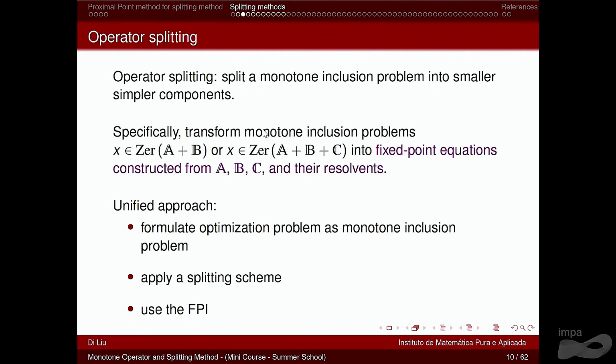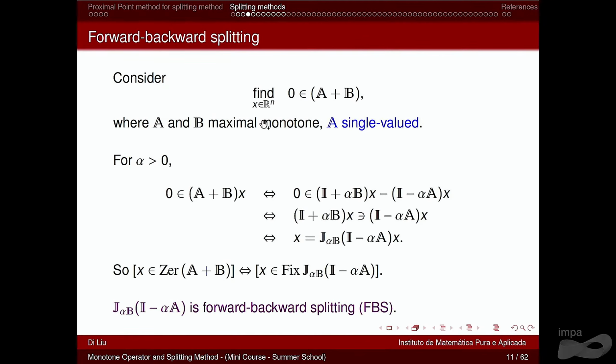We have three ways to design or construct this kind of splitting. First, we formulate the optimization problem, or whatever problem you are interested in, as a monotone inclusion problem. Then we apply a splitting scheme, then we use the fixed point iteration with that scheme.